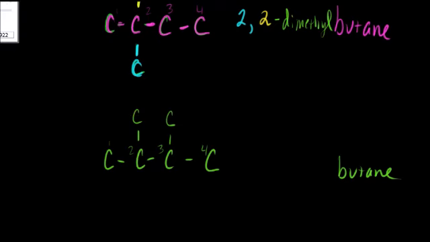Let me try color coding some of these. And let's try yellow. Okay, well, the one off the 2, then we have the one off of the 3, and we still have 2 methyl groups, so this is still going to be dimethyl.